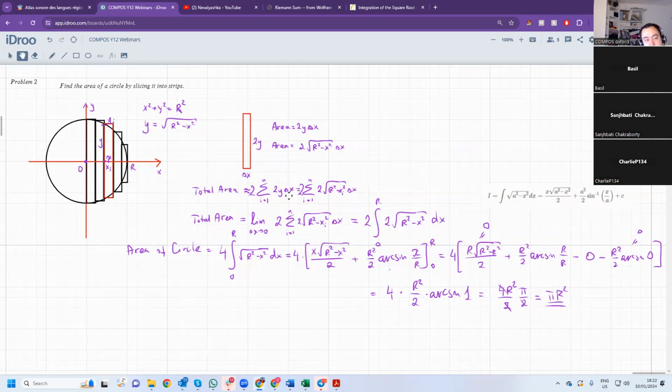How would you not use the integral here? Yes, the sum, but you can't do the sum because it's a sum of an infinite number of things. So you have to use the integral.